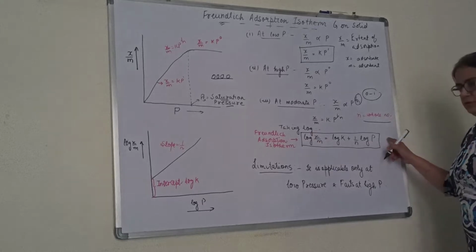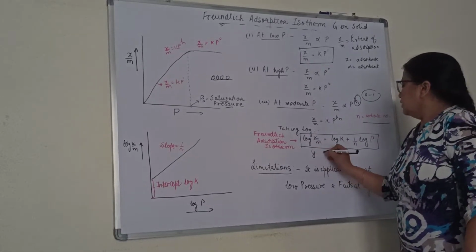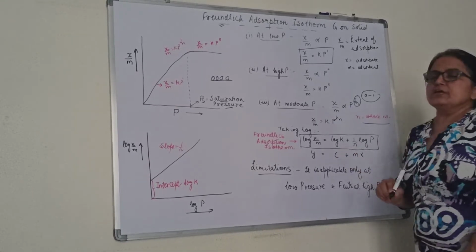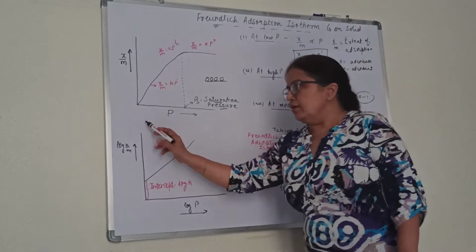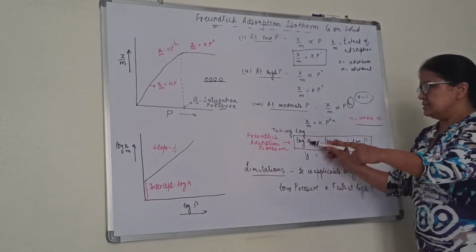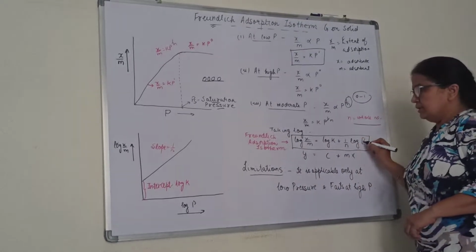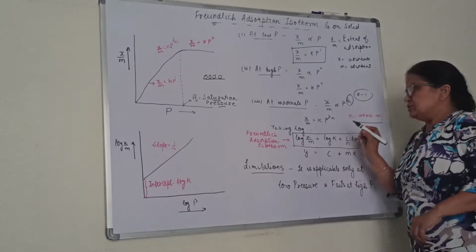Now this equation we will compare with y is equal to mx plus c, a mathematical equation. On the y-axis, what do you have? Log x by m. On the x-axis you have log P. Now, intercept is also there.